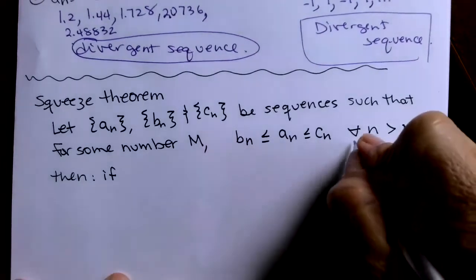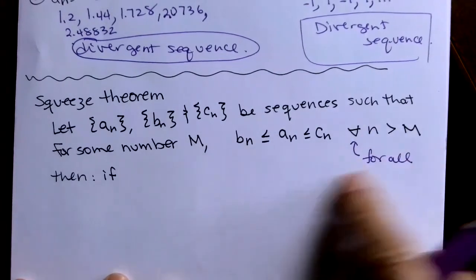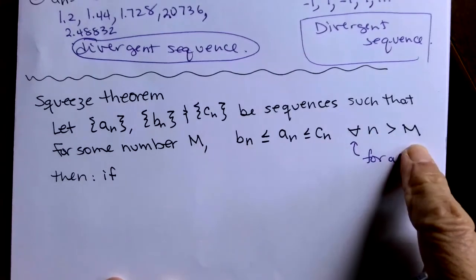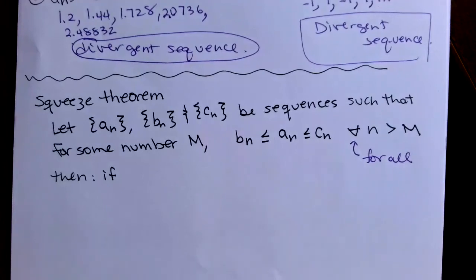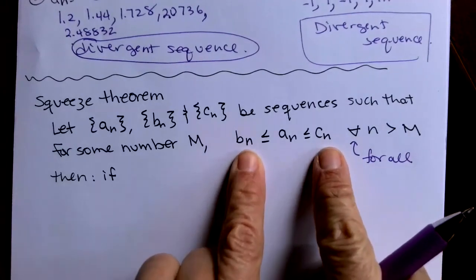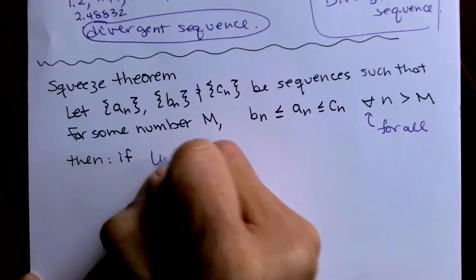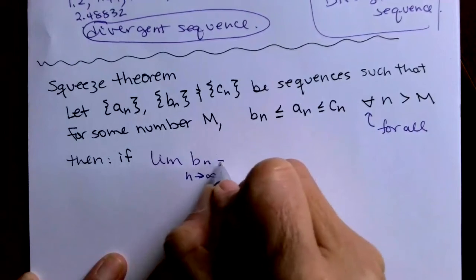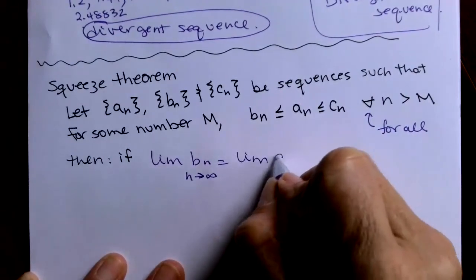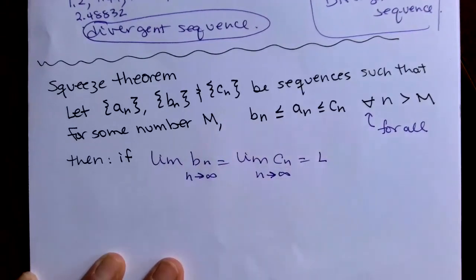Now this upside down capital A, in case you didn't remember, is our symbol for all, right? For all n's that are greater than m. So once you pass this point, all of your A's live in between B and C. Once you pass that point, if A is always in between, then if the limit of B sub n as n gets big equals the limit of C sub n as n gets big, and those both equal some number L, right?